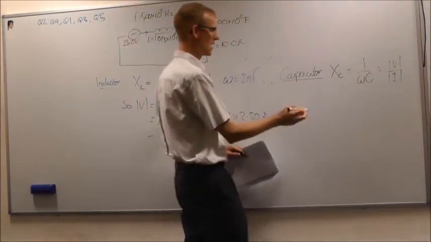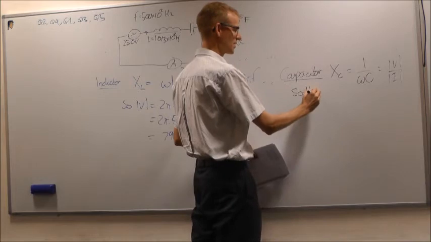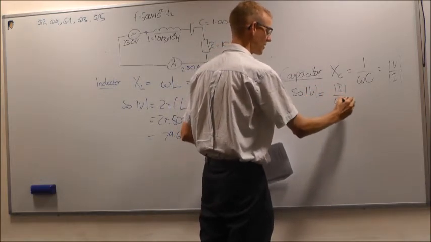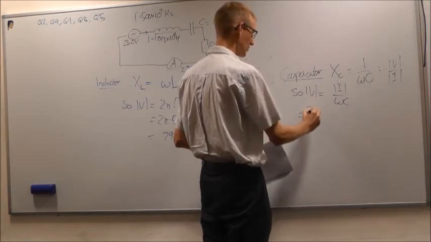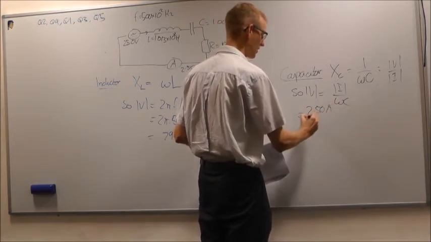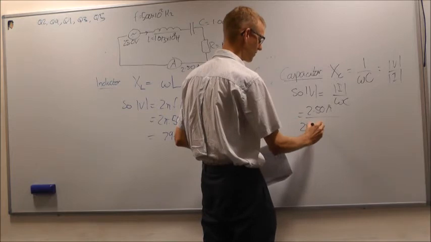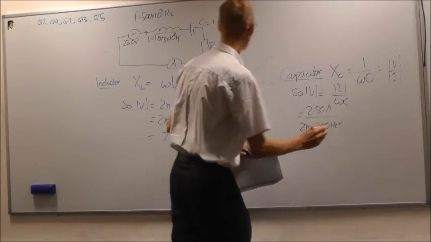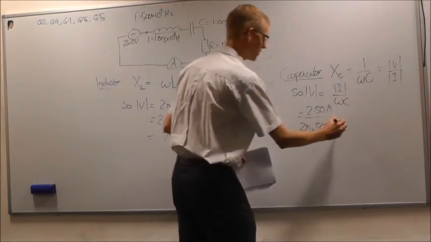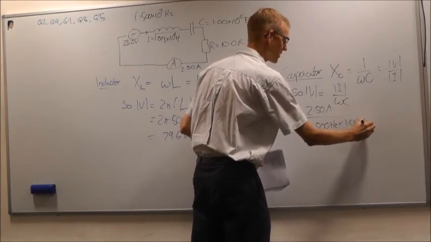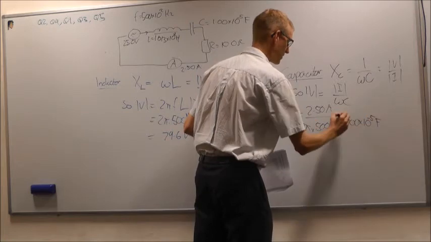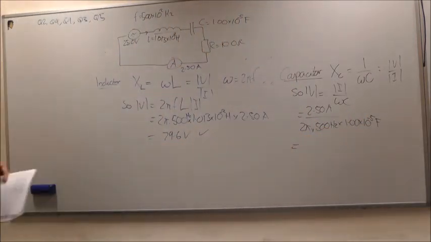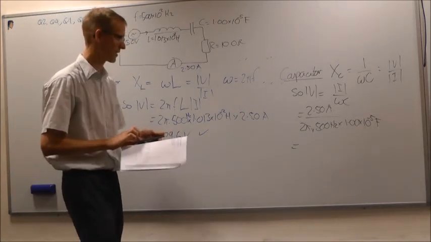So your voltage equals your current over omega times C, which is your 2.50 amps over 2 pi times your 500 hertz times your C, 1.00 times 10 to the minus 5 farads. Stick that in. We hope we get the same thing.